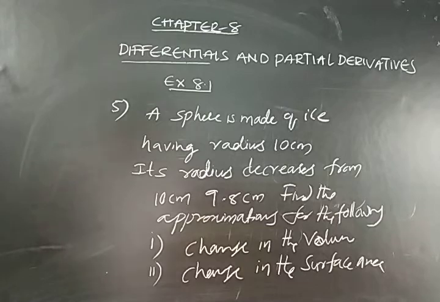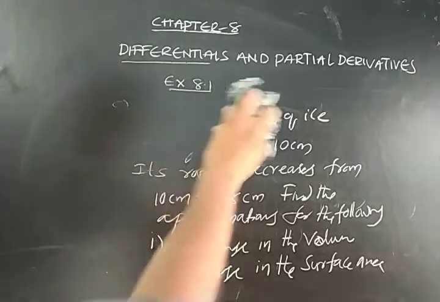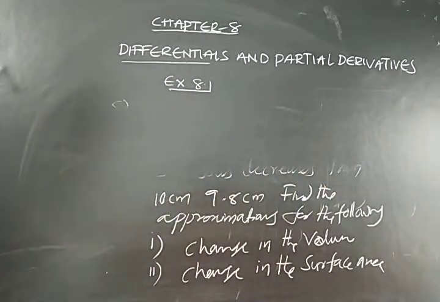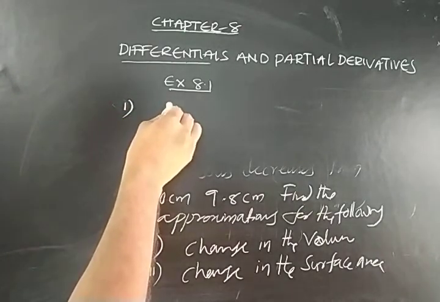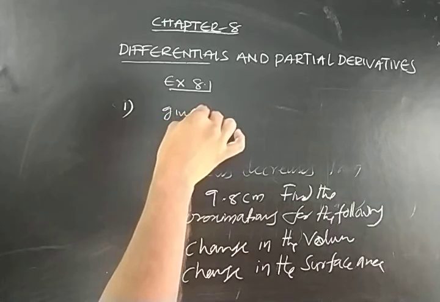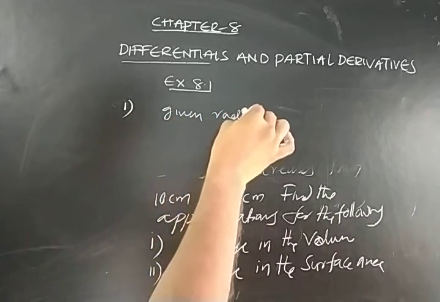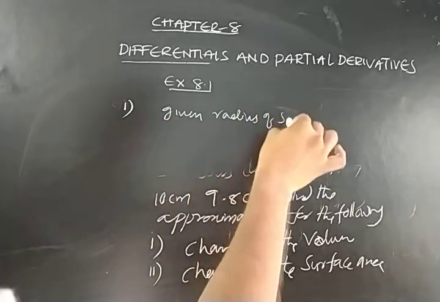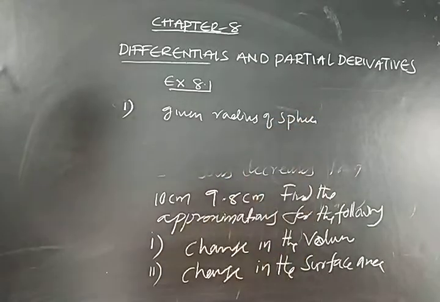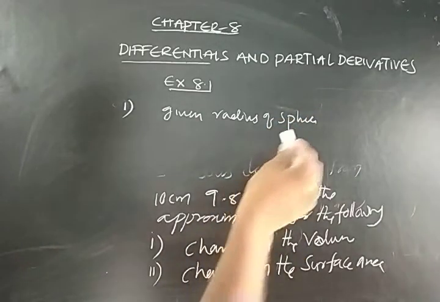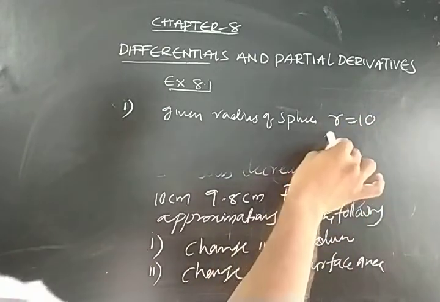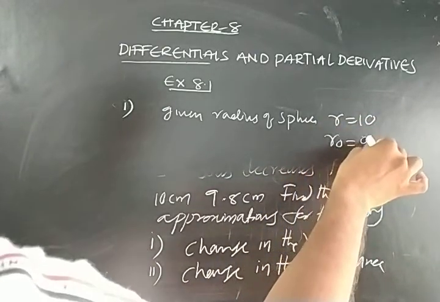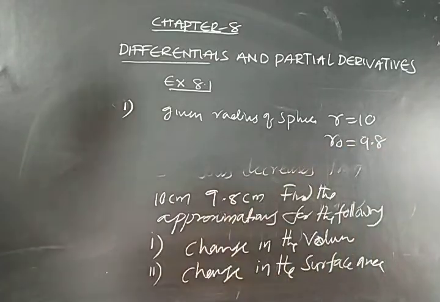So what is the volume of a sphere? I am going to solve the first one. Given radius of sphere is r equal to 10 and it decreases to 9.8, so r0 I am taking as 9.8.